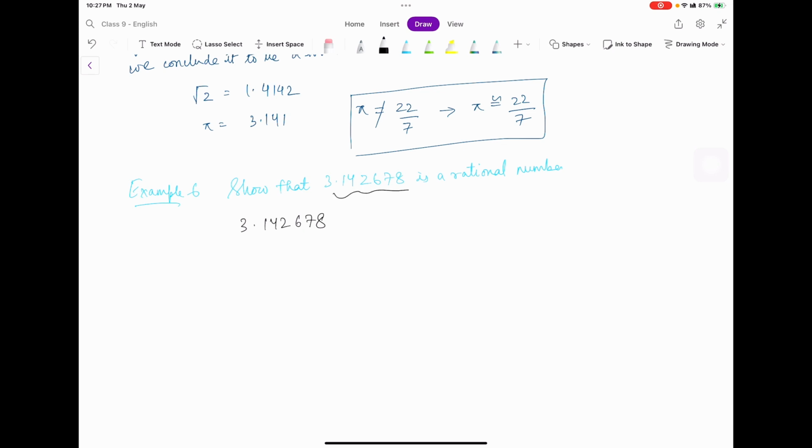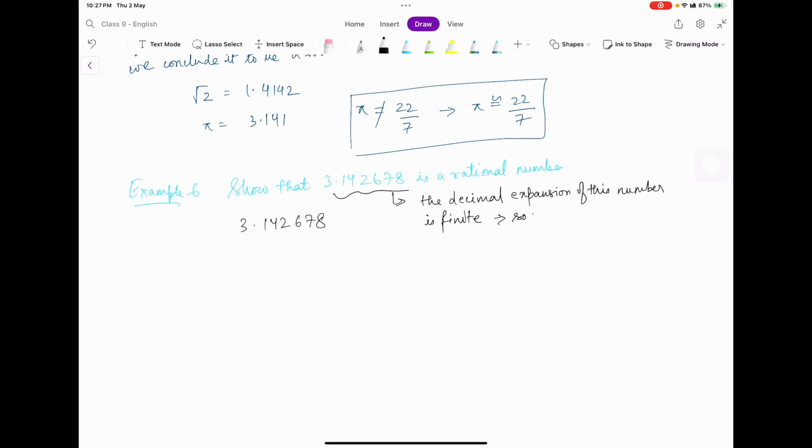You have to write that the decimal expansion of this number is finite. So that is one property of a rational number.